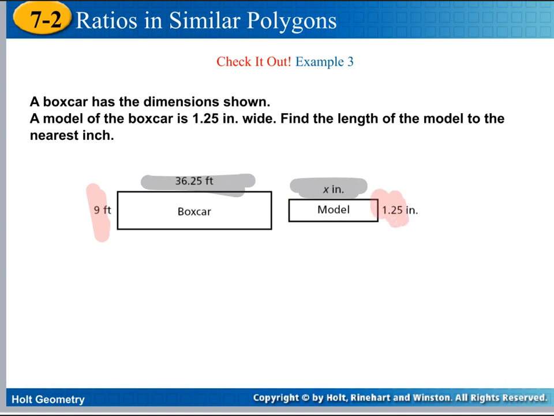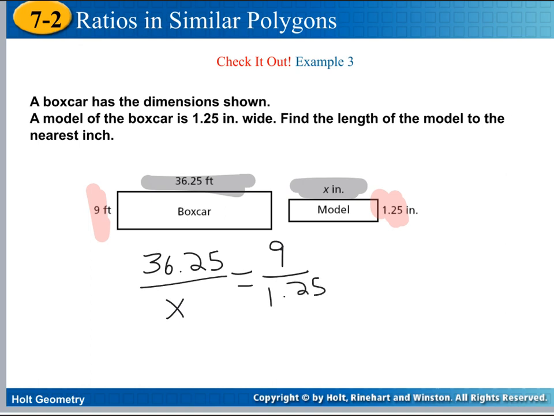And so we're going to say 36.25 feet divided by x. And again, even though one figure is in feet and the other is in inches, it's not going to matter for this application. And that's going to be equal to, so I have the boxcar on top, so I'm going to put the width of the boxcar on top, 9 to 1.25.